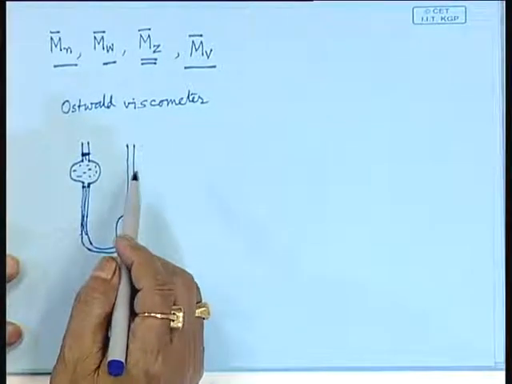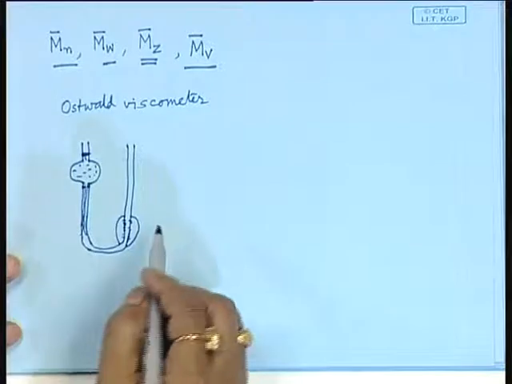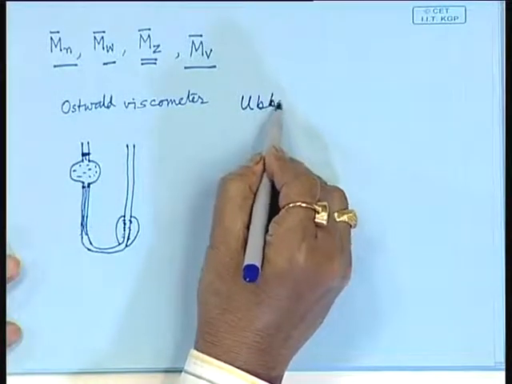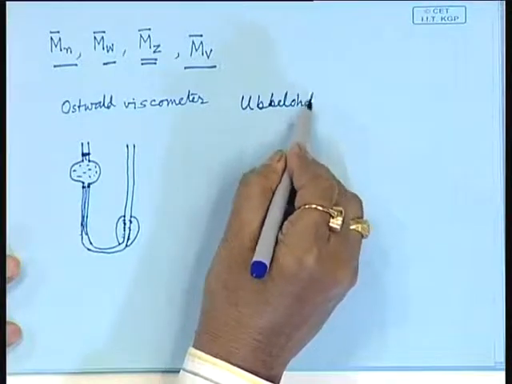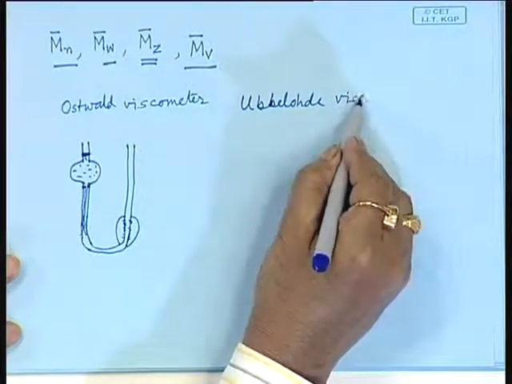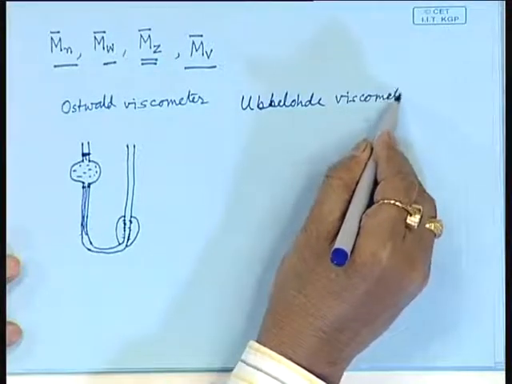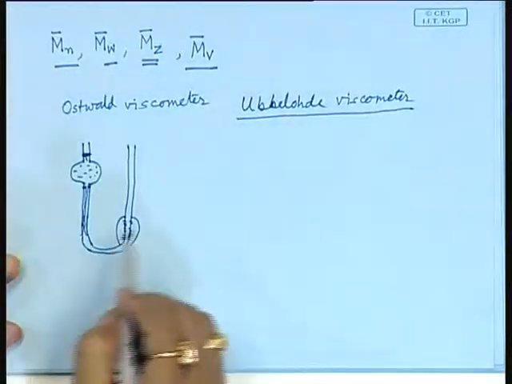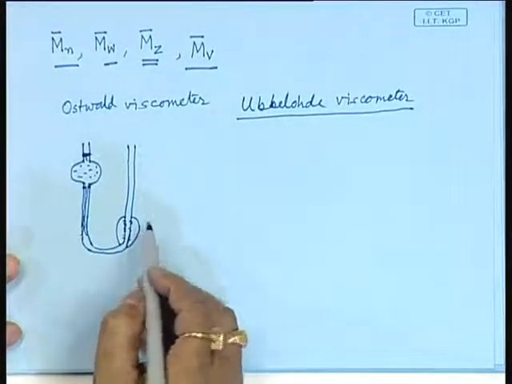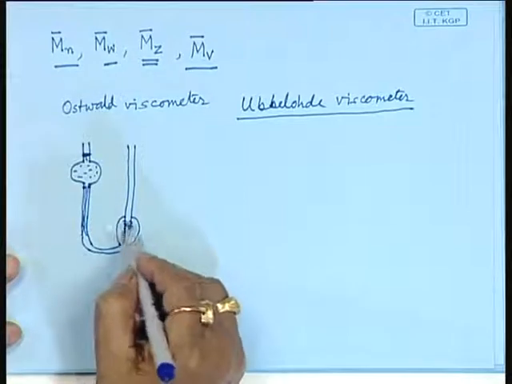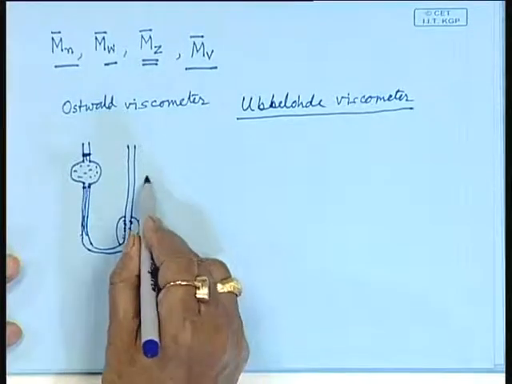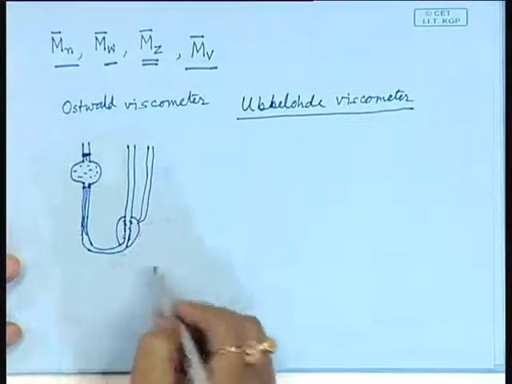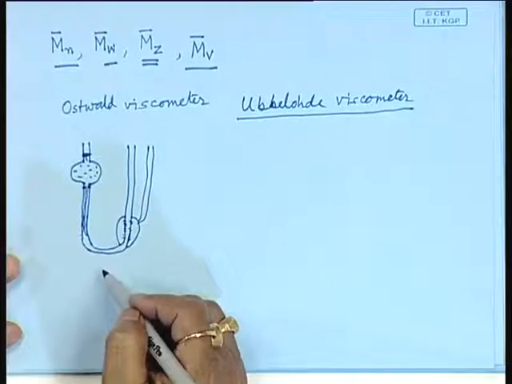But for polymers, another viscometer is used, that is known as the Ubbelohde viscometer. Now, in this viscometer, there is a provision for dilution within this bulb, which has another limb over here. So, you can see this diagram of the Ubbelohde viscometer given in textbooks.